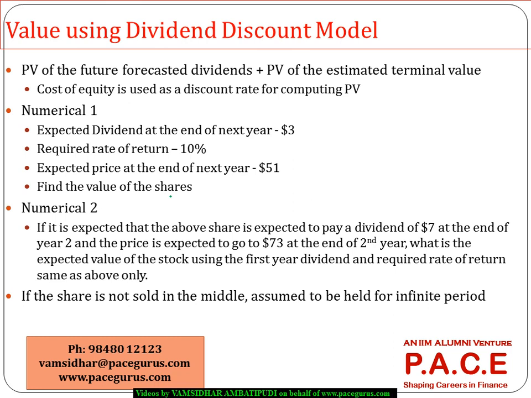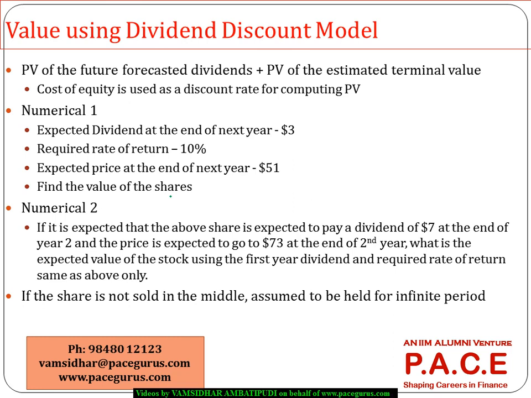Whether we are holding that stock for 1 year, 2 years or 200 years, it doesn't matter. All I have to do using the DCF model is identify all the future dividends and discount them to the present value. That would give the value of the equity for that particular firm.